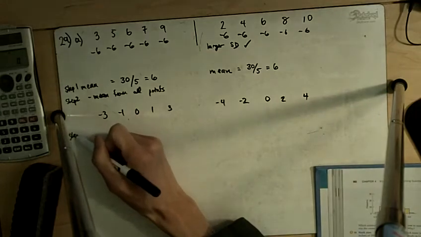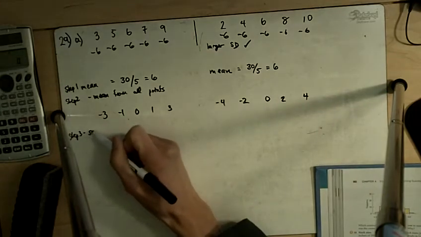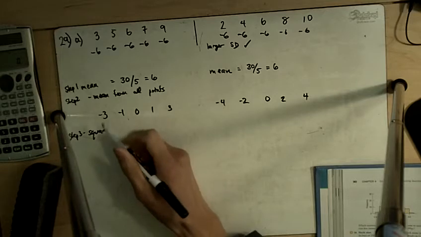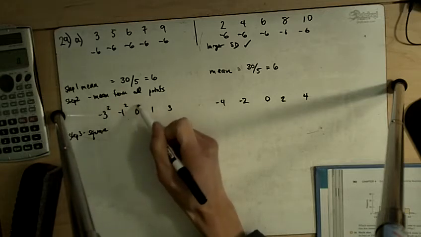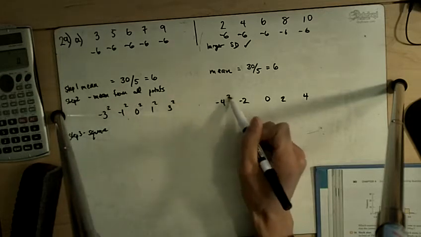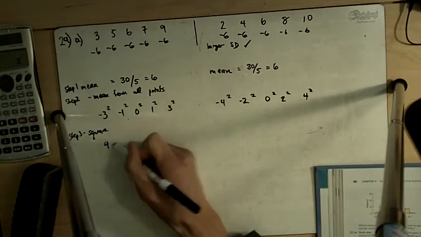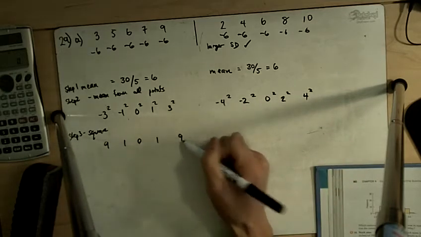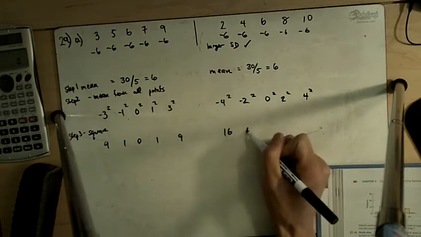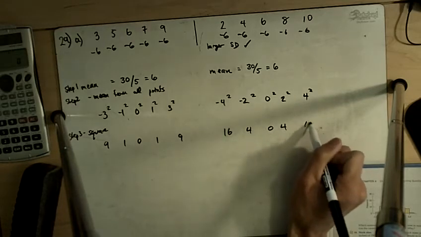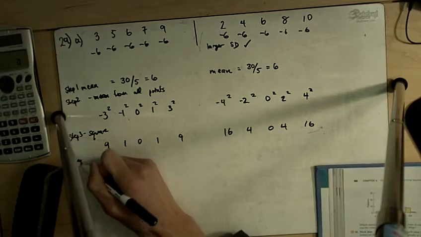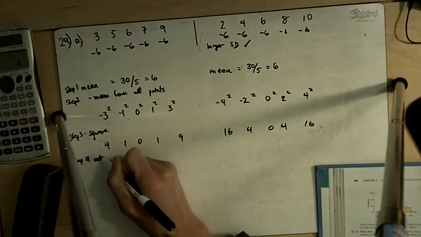Step 3 is square each of these. So now I'm just going to square all of these numbers. So I get 3 squared is 9, 1, 0, 1, 9, and over here I have 16, 4, 0, 4, 16.